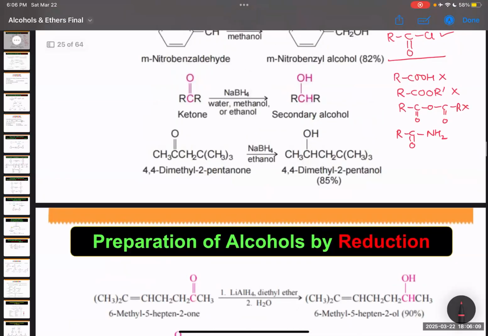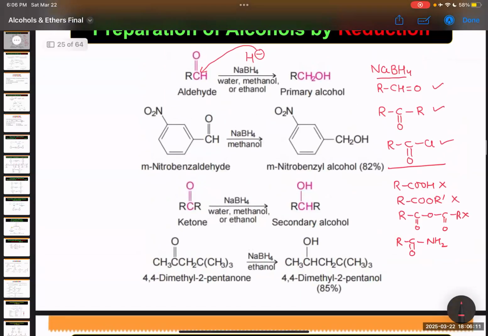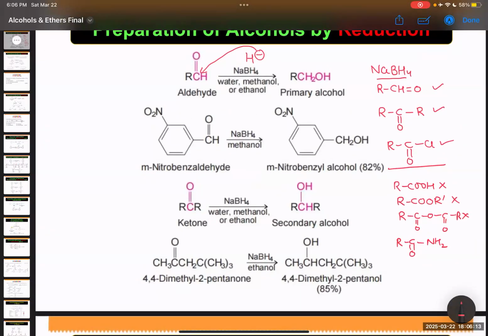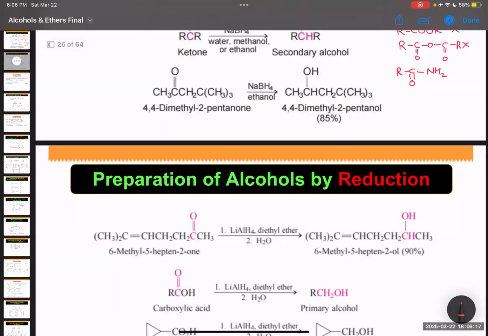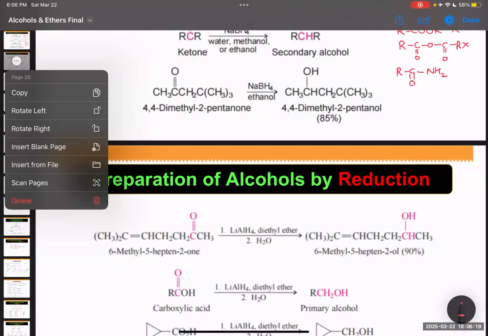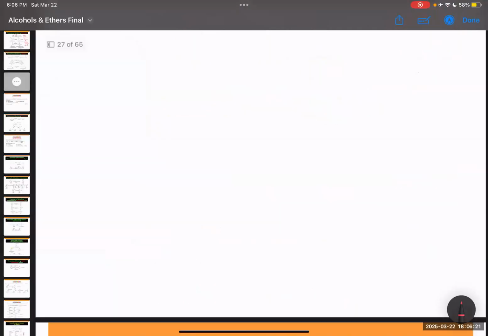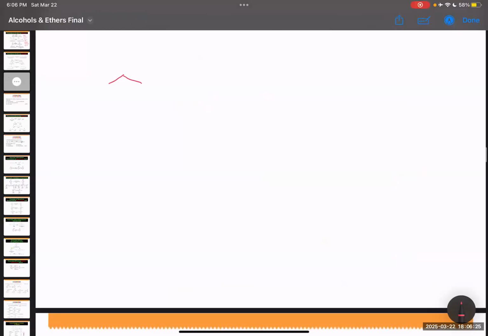On the other hand, LiAlH4 is a strong reducing agent as compared to NaBH4. So what's the mechanism for LiAlH4? They are all considered to be hydride donors.